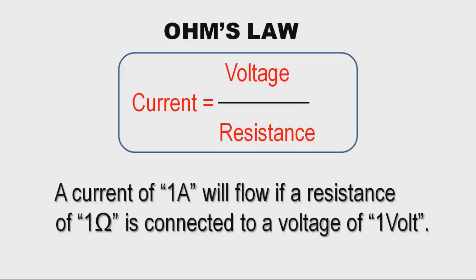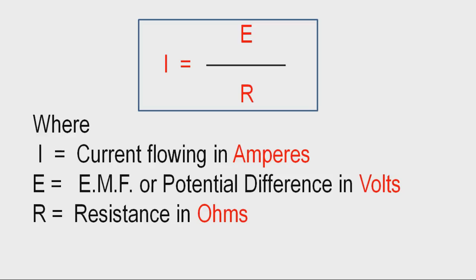Hence, the formula is I is equal to E by R, where I is the current flowing in amperes, E is the EMF or the potential difference in volts, and R is the resistance in ohms. So simply, Ohm's Law is I is equal to E by R.